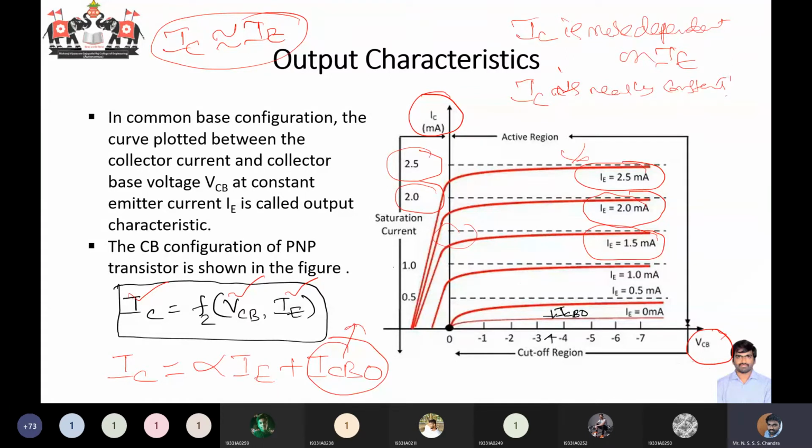It will be in microamperes, so I'm neglecting it. And you also know that alpha value is nearly 1, maybe 0.98 or 0.99. If I write alpha is nearly equal to 1, I can write that IC is nearly equal to IE. That's why your graph is almost flat in nature.